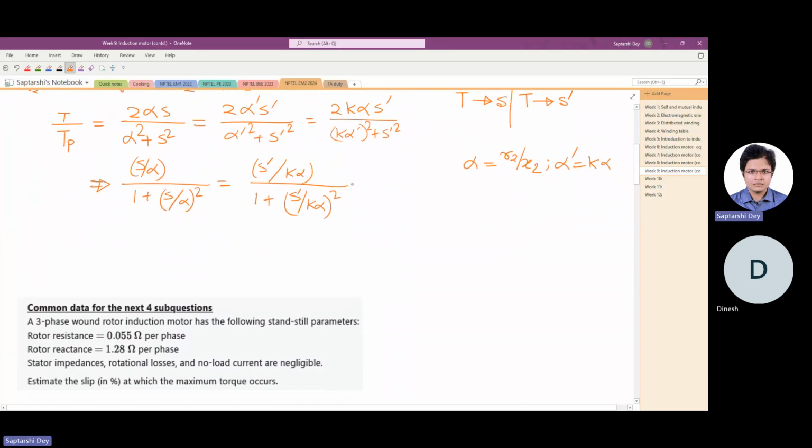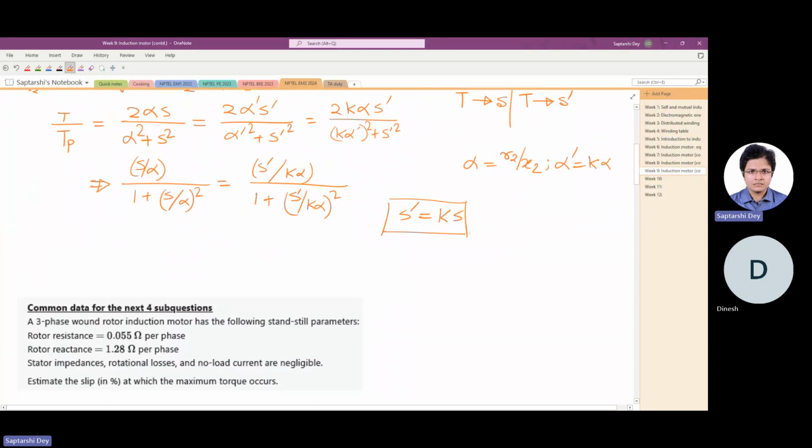You can simplify this, or just by investigation, you can say that if I replace S prime as Ks on the right hand side, we get the left hand side. So this is what we get.